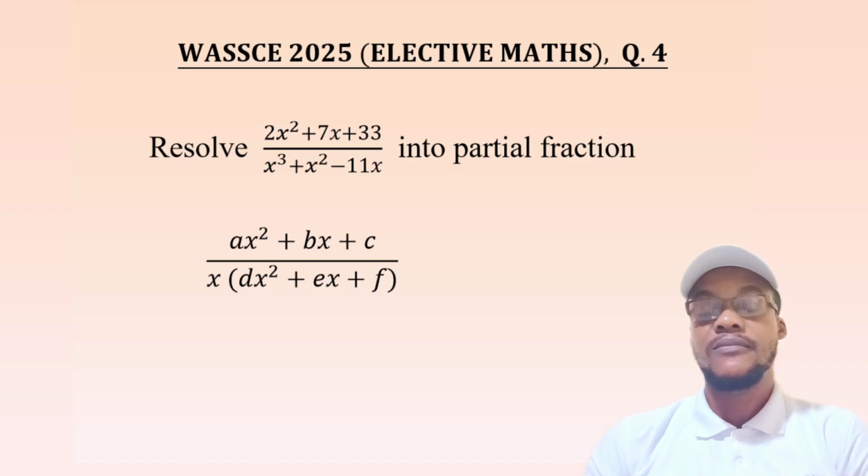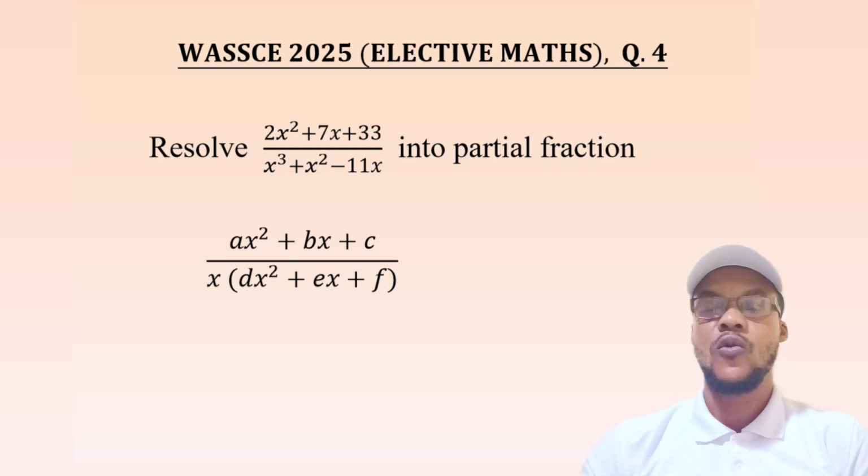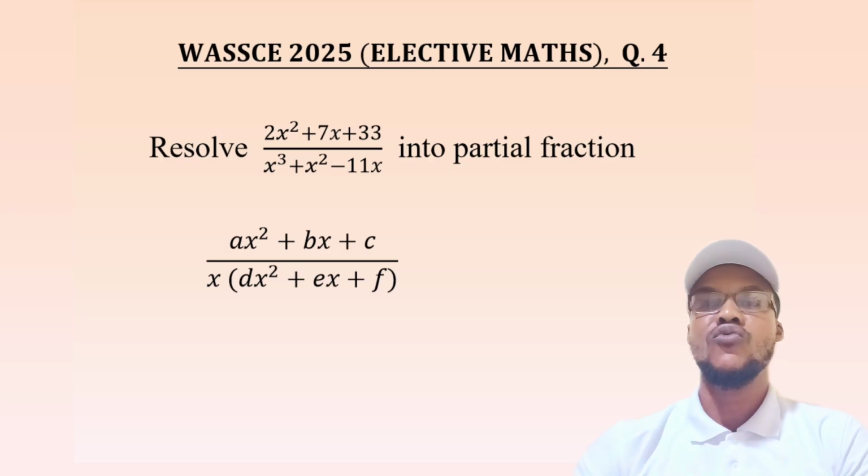One thing you should know is that before you are able to solve partial fractions, you have to ensure that the rational function given to you is a proper fraction. So what do we mean by a proper fraction? A proper fraction is when the numerator is less than the denominator.